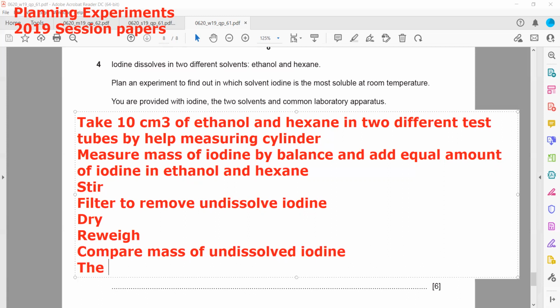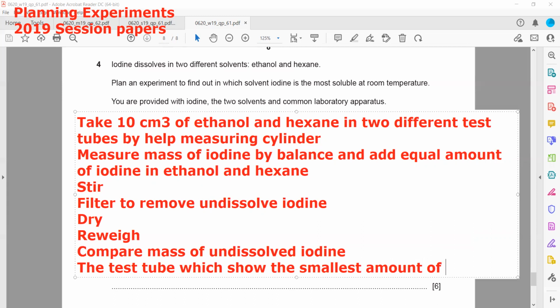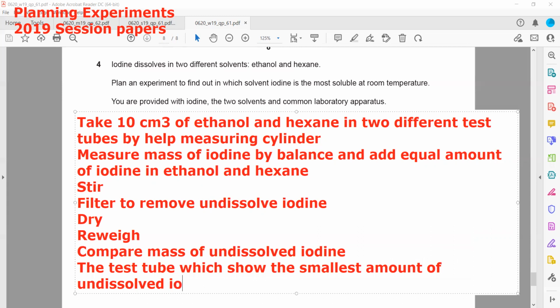The test tube which shows the smallest amount of undissolved iodine shows that iodine is most soluble.